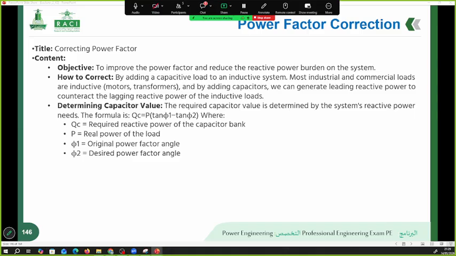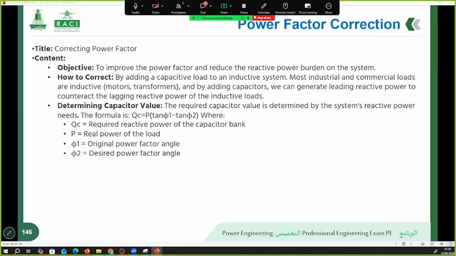The main objective of power factor correction is to improve the power factor and reduce the reactive power burden on the entire power system. By improving the power factor, we can reduce the overall current in the system, which in turn leads to lower power losses and better voltage regulation.